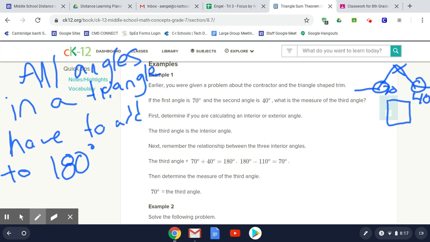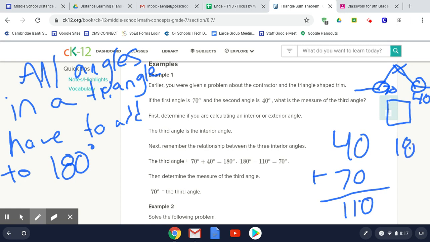So we have 40 plus 70. What's 70 plus 40? 70 plus 40 equals 110, right? So we need to find the difference between 180, because triangles have to add up to 180, and 110. What's the difference?